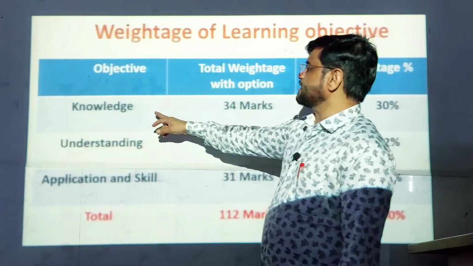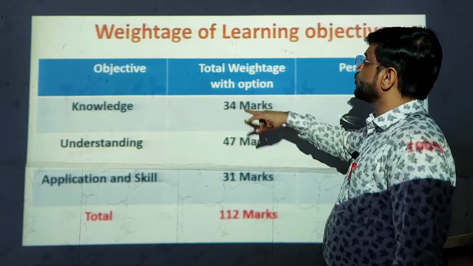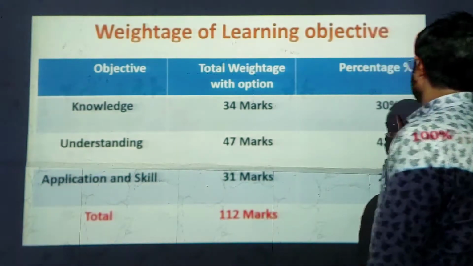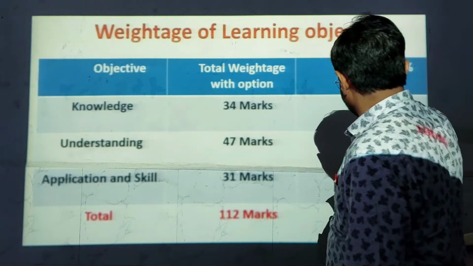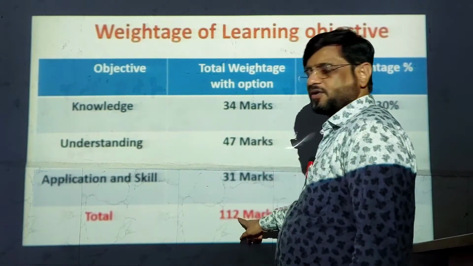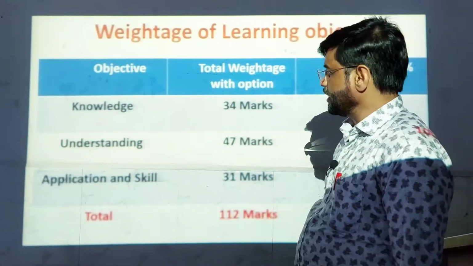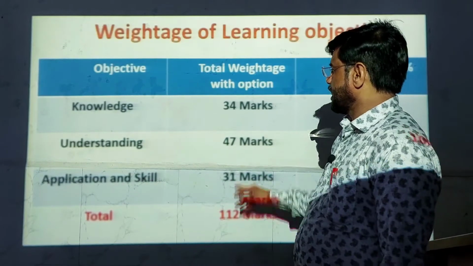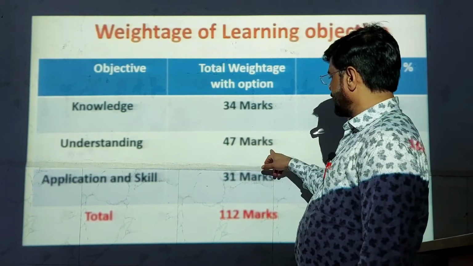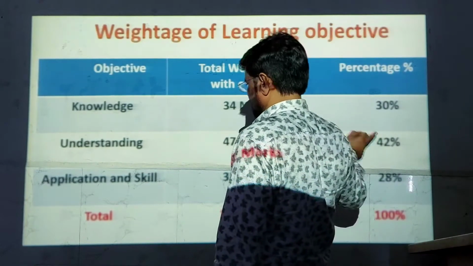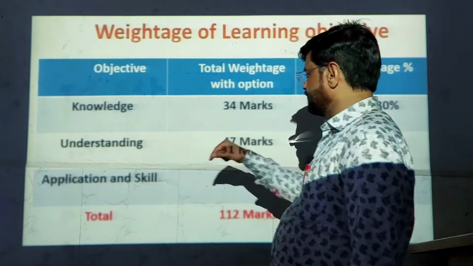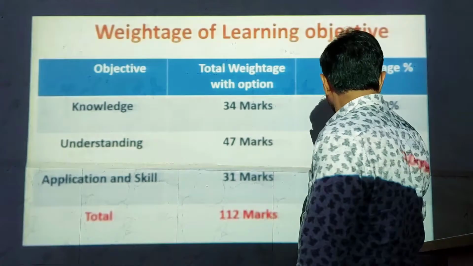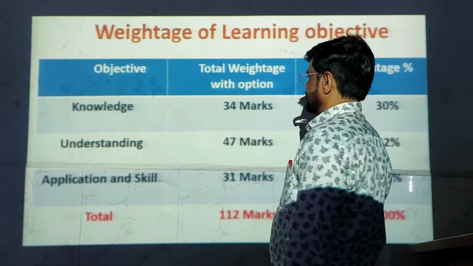The knowledge based questions have 34 marks with options, which is 30% out of 112. The understanding part has 47 marks, which is 42%, and application and skill based questions have 31 marks, so it is 28%.